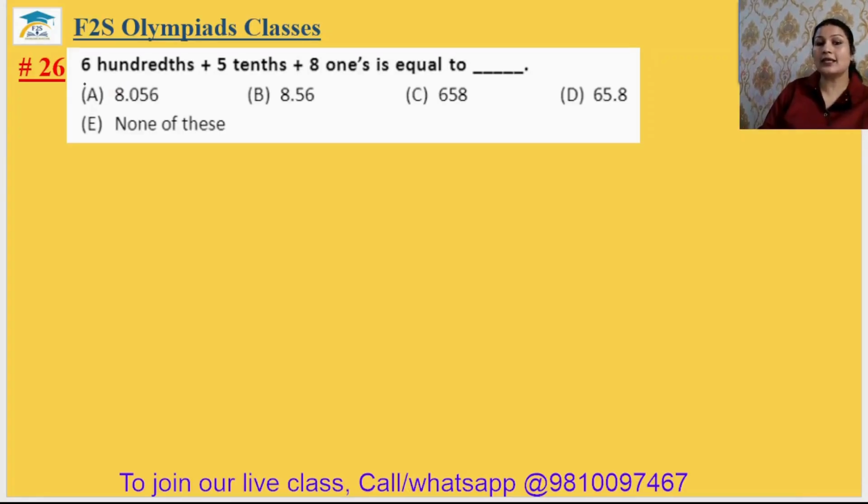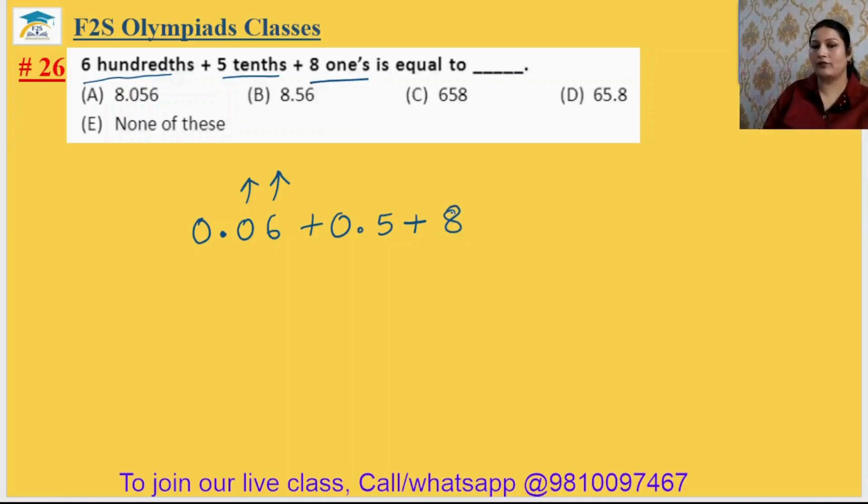26th answer. 600th means 0.06, because it is the 100th position. Plus 5/10 means 0.5, plus 8 ones means 8 only, equal to 0.06 plus 0.5, and there is nothing, it means 0, and 8 is the whole number, so it will be written on the whole number side.